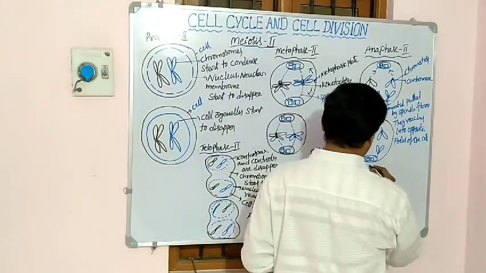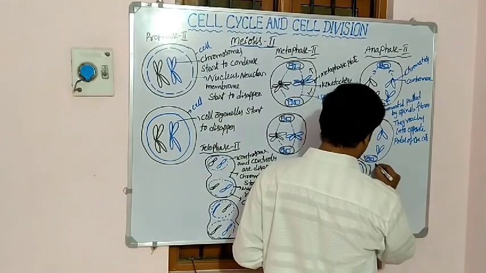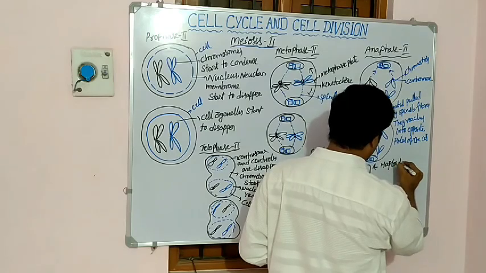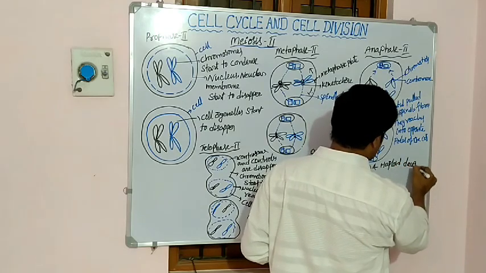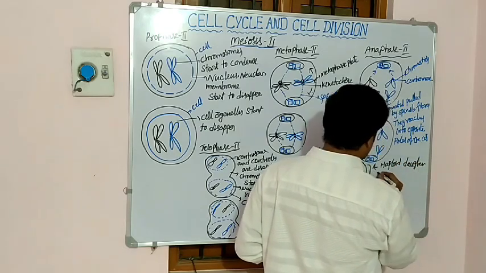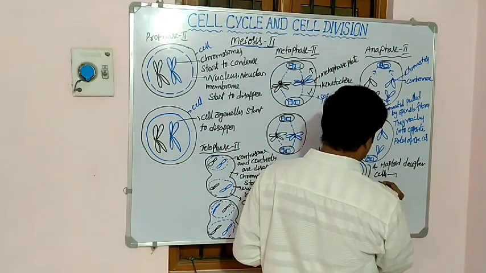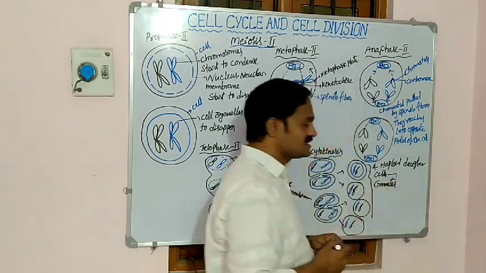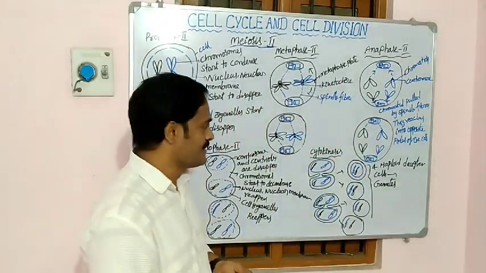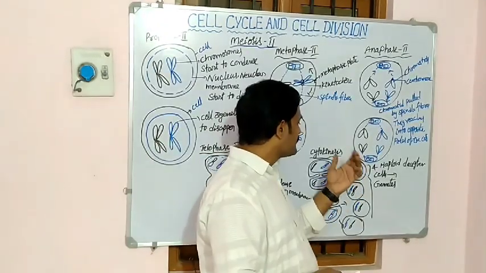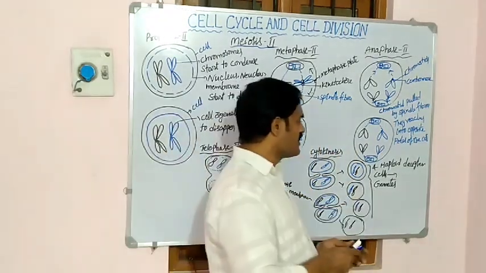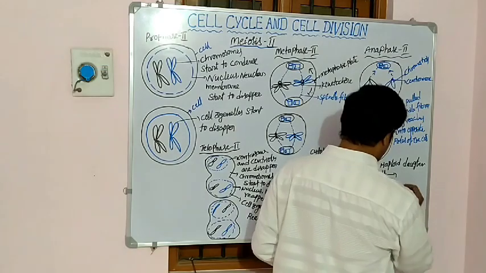See these four haploid daughter cells, they form the gametes. Remember, gametes means male and female gametes. When this meiosis occurs in the male organism, it forms the male gamete.